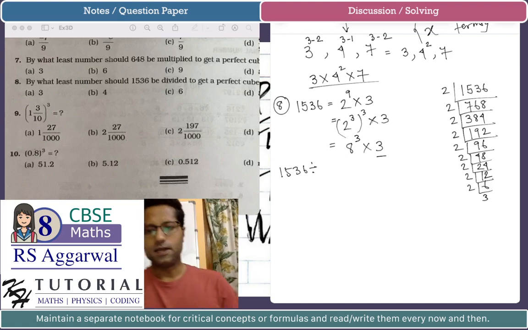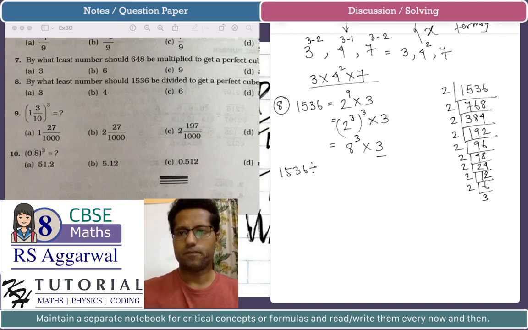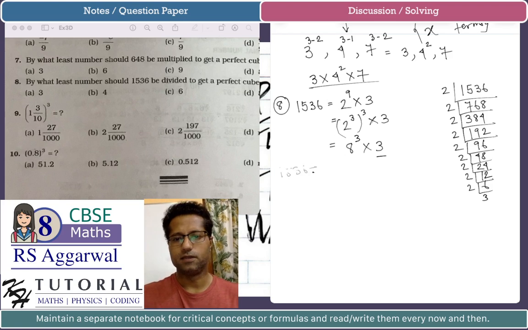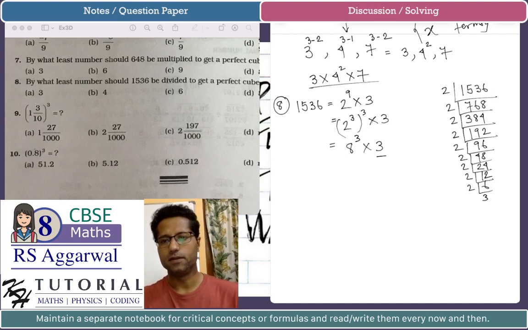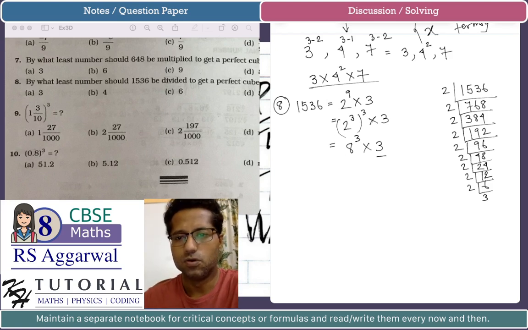The concept is: how do we find the least number that needs to be divided to make it a perfect cube?